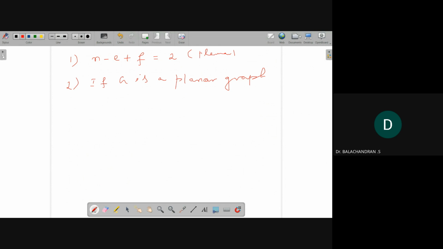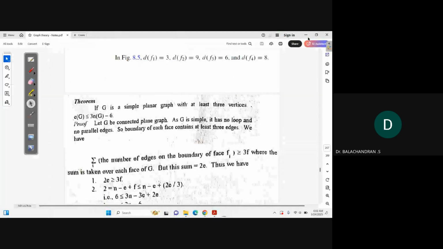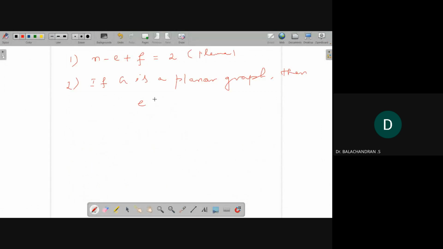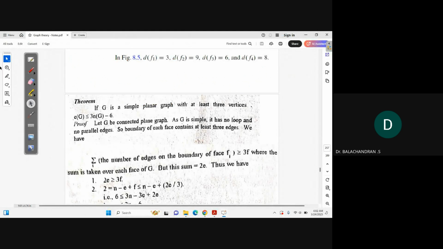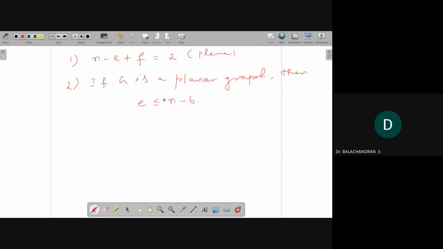If G is a planar graph, then E, the number of edges of G, is less than or equal to 3n minus 6. Or you can write E of G and n of G. So E means number of edges in G, and n means number of vertices in G.